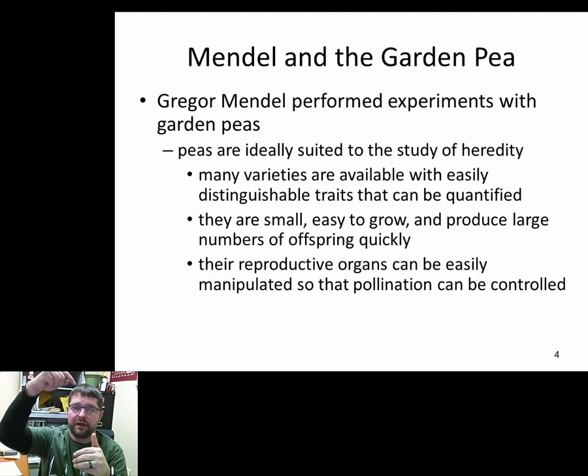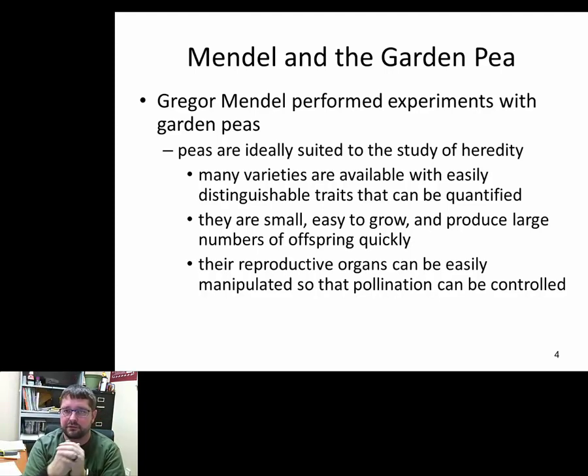Pollen lands on that, forms a pollen tube that goes down and fertilizes one of the ova. Around that pistil are anthers. Stamen and anthers are going to be the tops of the stamen, and this is where the pollen, or the male gamete of the plant, which you can just consider sperm, is held.